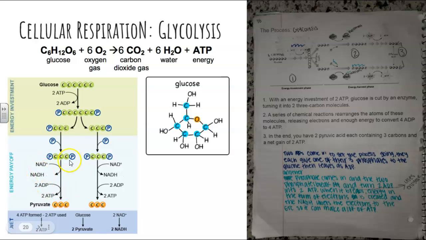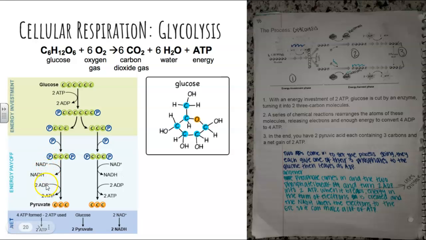Now, why did I release electrons? So what I had here, I had 3 carbons with a phosphate on each side, and I want to get it down to just 3 carbons. So what I did is I broke off the phosphate here and I broke off the phosphate here. Well, I don't want to just leave those phosphates hanging out in the middle of nowhere. So what I do is I bring in 2 adenosine diphosphates that only have 2 phosphates.